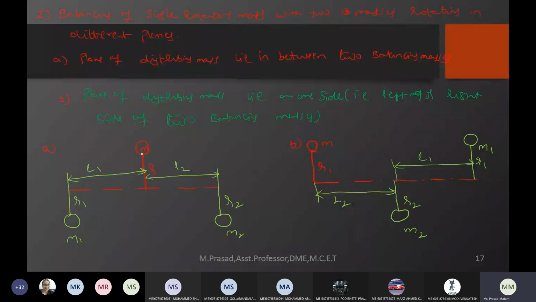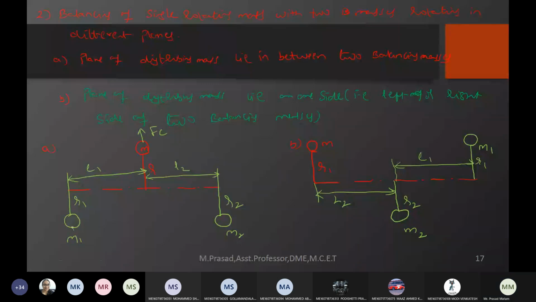In the first case, the disturbing mass is located between the two balancing masses rotating in two different planes. The second case is the disturbing mass on one side, maybe left or right side. I'm taking the left side. Now this disturbing mass is balanced by the two balancing masses rotating in two different planes. Due to this mass, I am getting centrifugal force Fc.